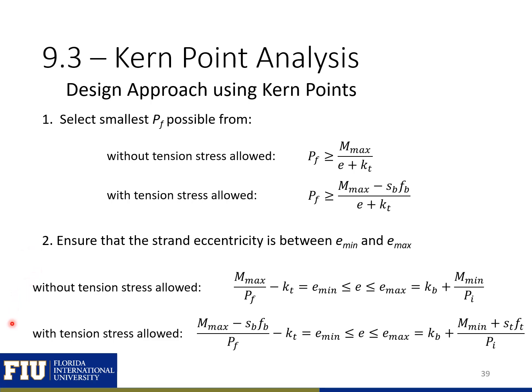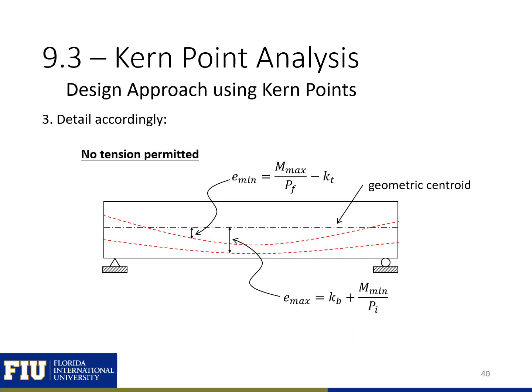Again, without or with tension stress allowed. We'd find a minimum and maximum eccentricity at the end and at the midspan, and then keep our actual strand eccentricity between these values. And then we would detail accordingly.